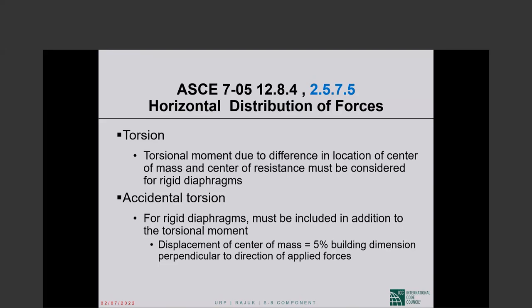Now, there was a time, a long time ago, when we used to design for the actual torsion subject to a minimum of the accidental torsion. But those days are long gone. We have for a long time been designing for the actual torsion plus the accidental torsion.